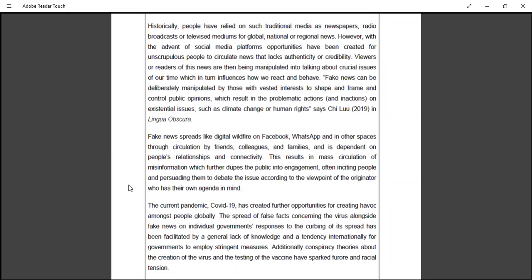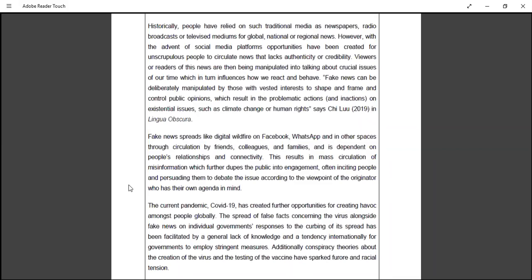Now, if you read the first one, remember I said we can deal with it paragraph by paragraph. If you look at the opening sentence or the topic sentence, it says historically, people have relied on such traditional media as newspaper, radio, broadcast or television mediums for global, national, or regional news.